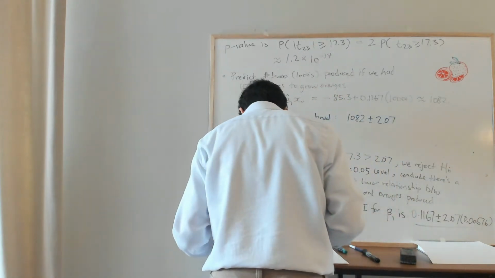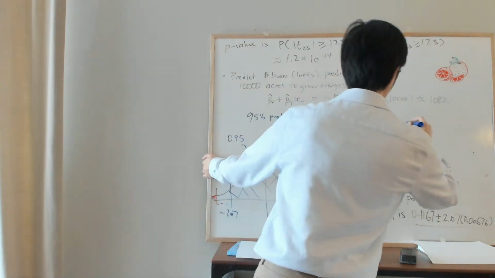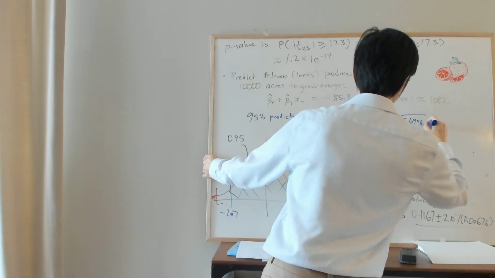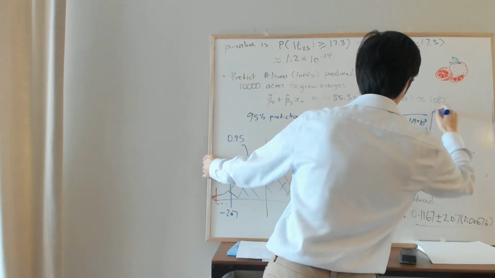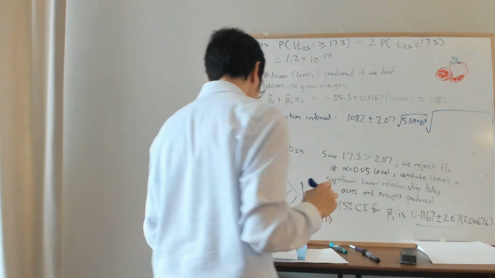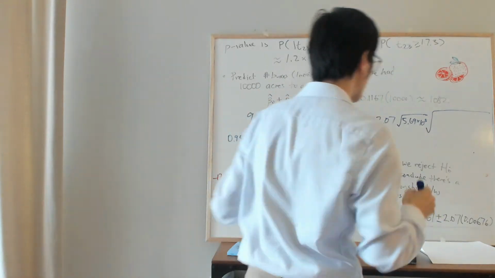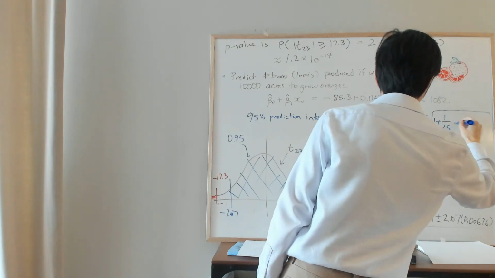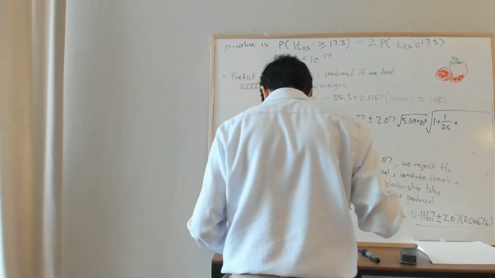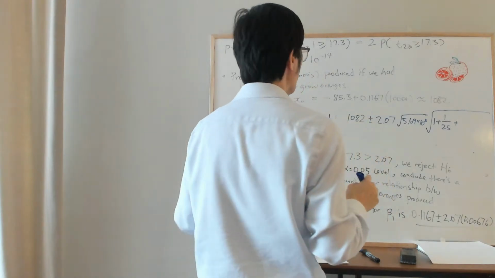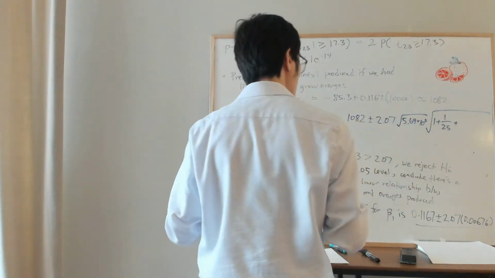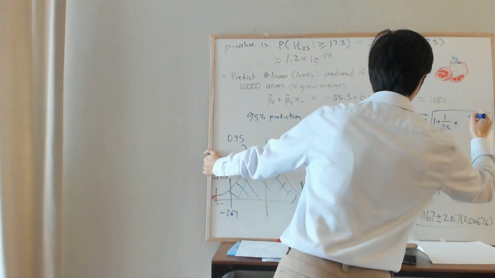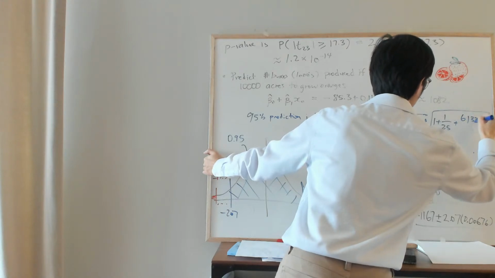So what was that number? 5.69. So sigma is root 5.69. Then I also need the root of the two sources. Remember, there were two sources of prediction error, so it's 1 plus 1 over n, where n here is 25. Then I need the new value, so 10,000 minus x bar. x bar was 16,000, so this is 10,000 minus 16,000, so 6133 squared.